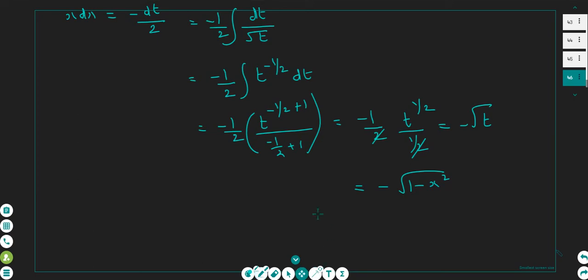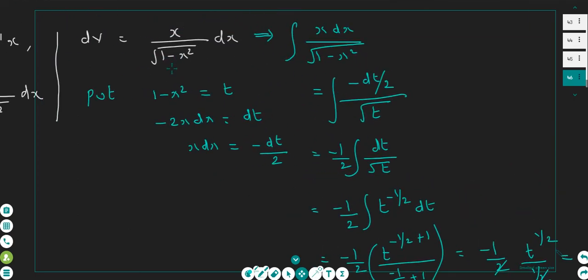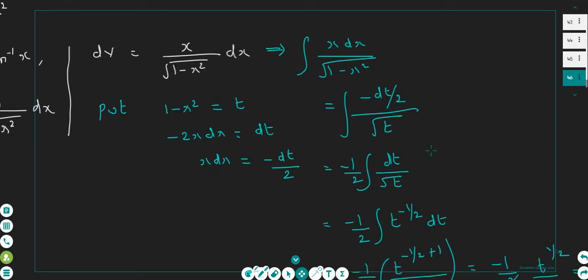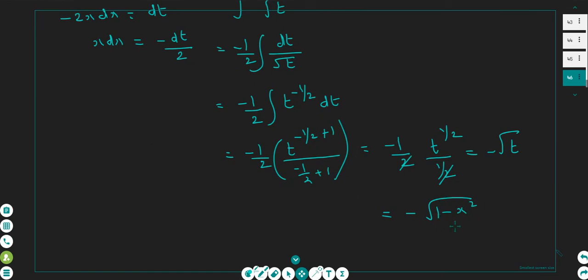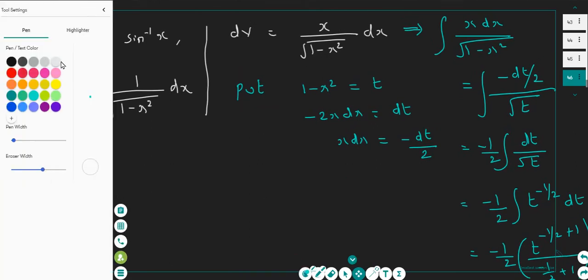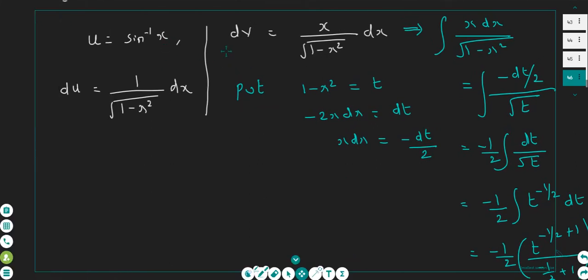To integrate this part we have to do all these things, according to the integration by substitution method. So finally we know that the integration of the right-hand side is minus square root of 1 minus x squared.